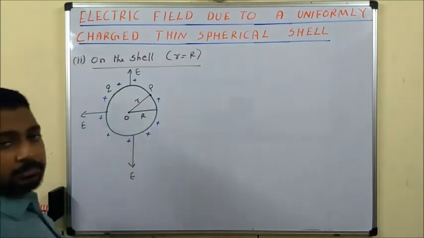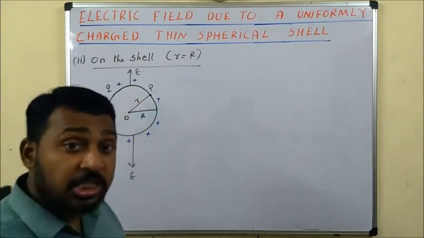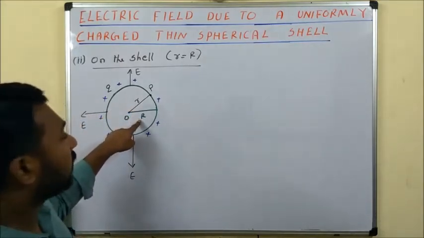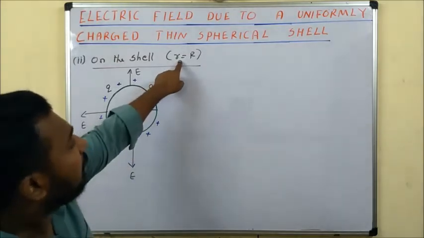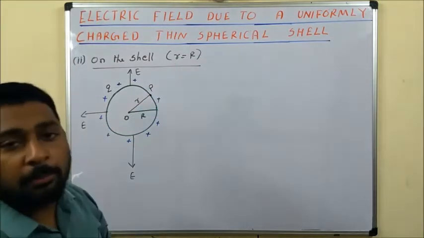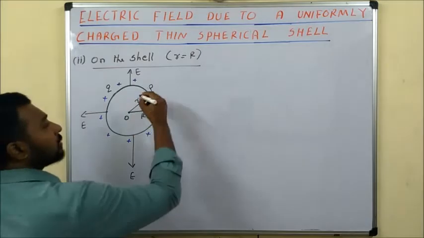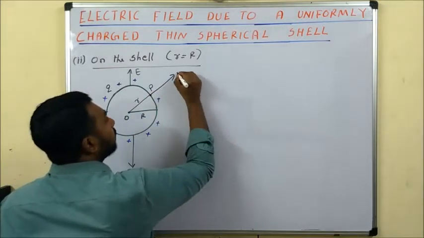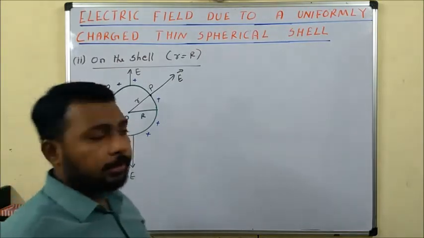Now see here, the point is on the surface of the shell, so the distance r and the radius of the shell are the same, so that's why I have written here on the shell, small r is equal to capital R. Now we know the direction of the electric field will be from the shell towards infinity.